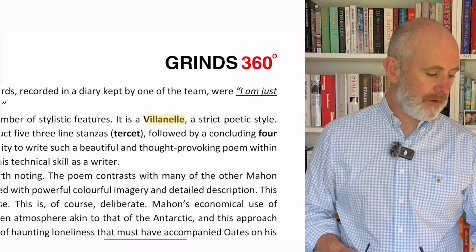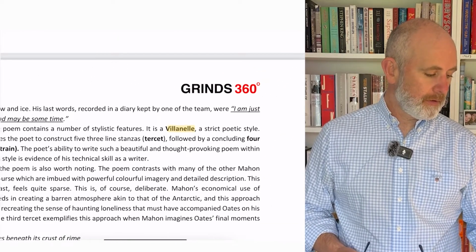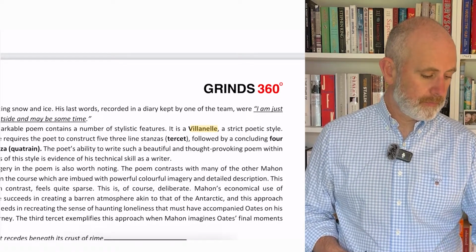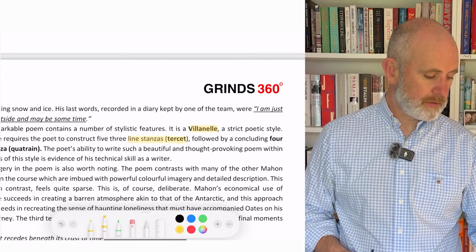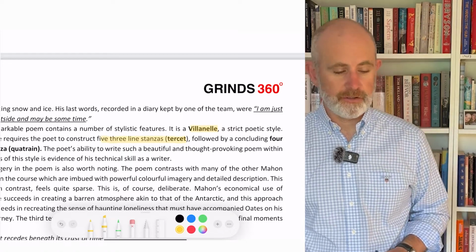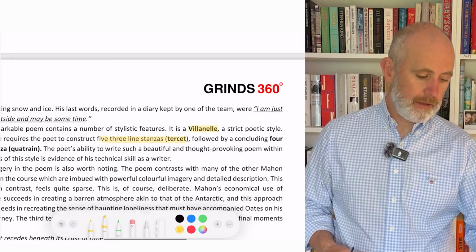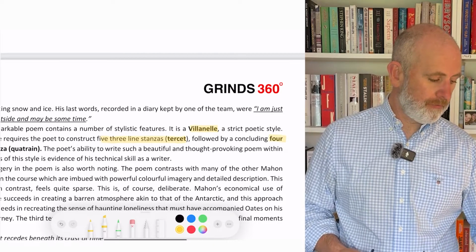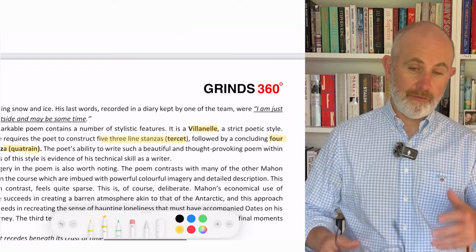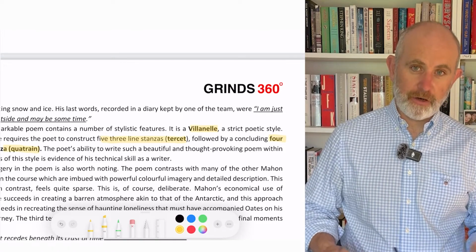A villanelle has five 3-line stanzas, or tercets, and then a 4-line final stanza, or quatrain. So it's 19 lines long, and it follows a particular meter or beat.